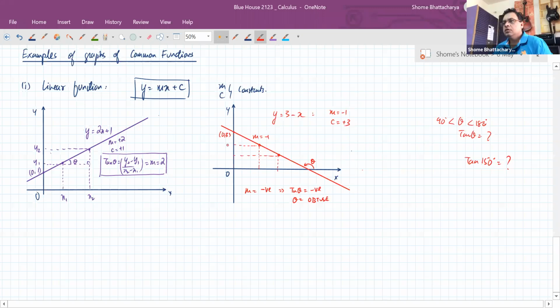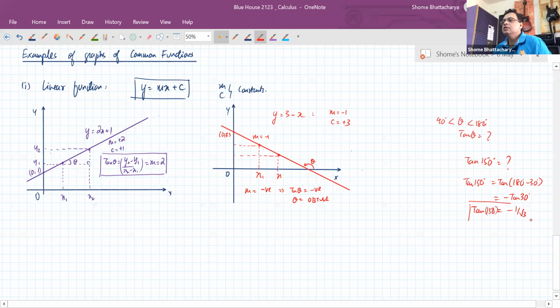Minus tan 30, so minus 1 by root 3. Very good. So how do we calculate it? One way to express it is 180 minus 30, so it becomes minus of tan 30, which is minus of 1 by root 3. Or you can also express it as 90 plus 60.